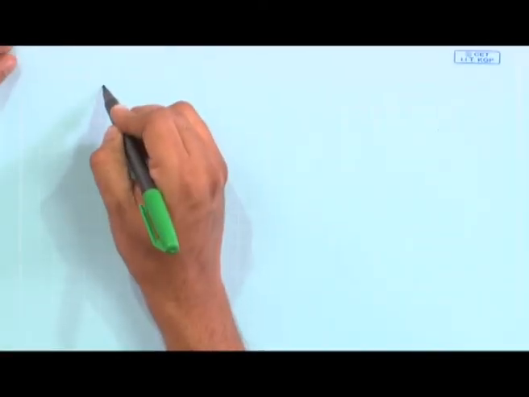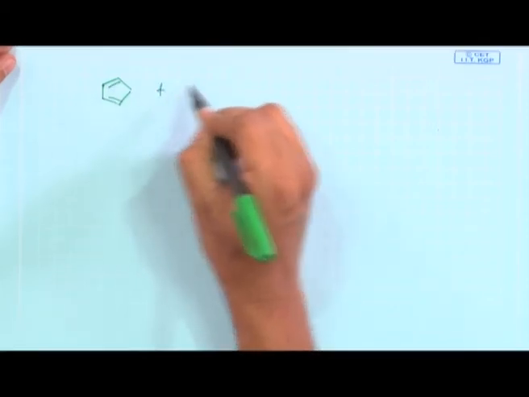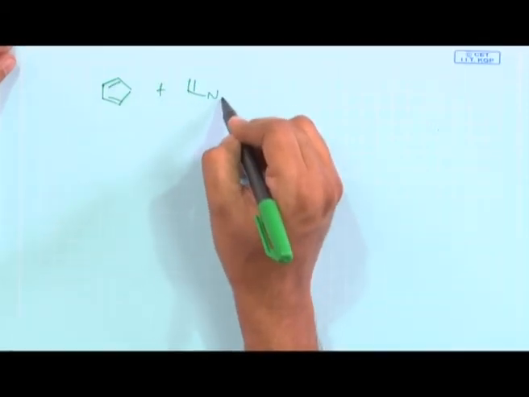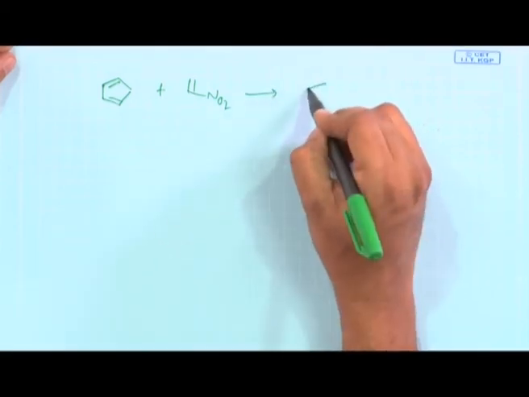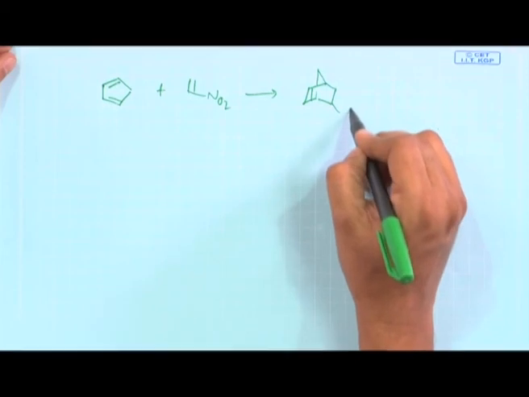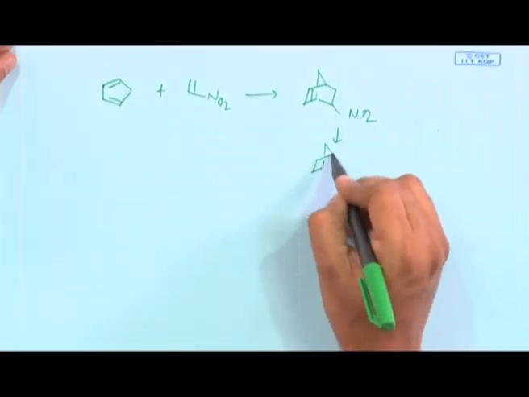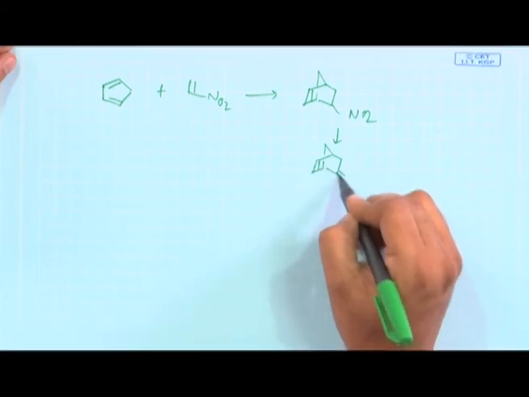So, probably this will be the most direct way. You take this compound, take this nitro, get the Diels-Alder adduct, do the Nef reaction, and you will get the carbonyl.